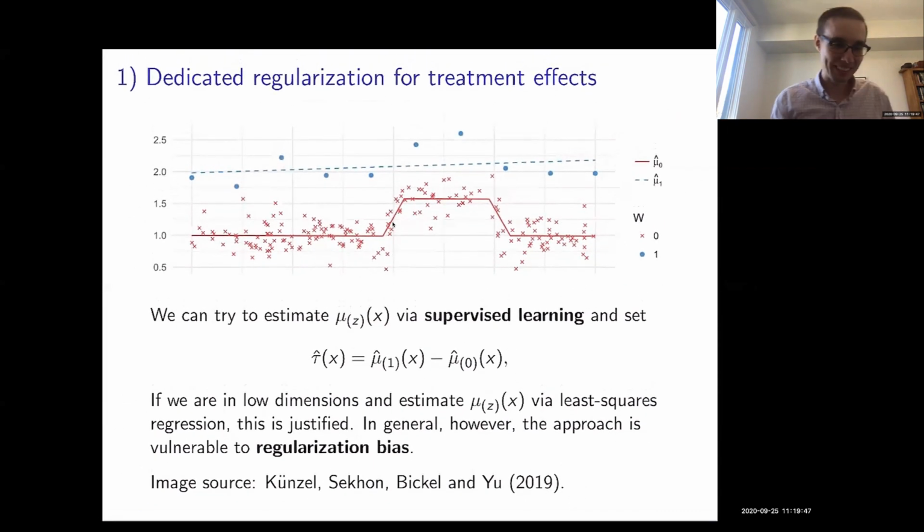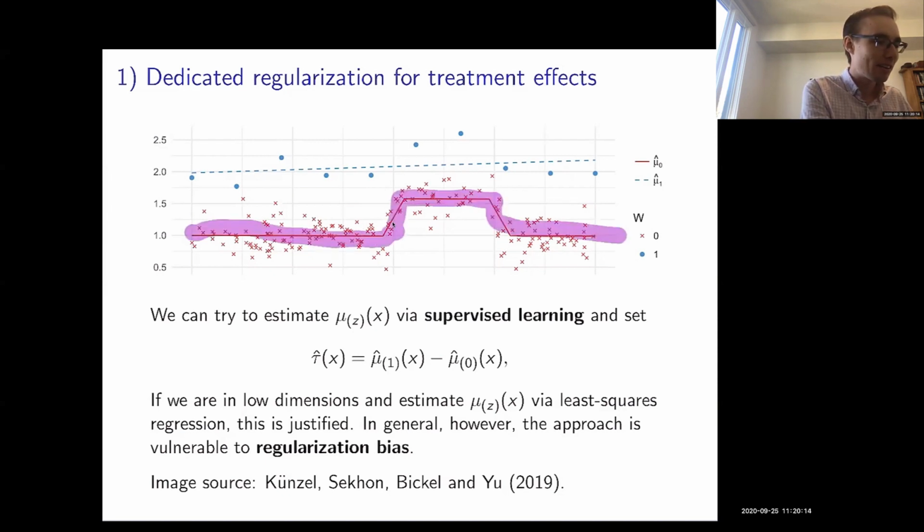Sorry, this is taken from a paper by Kunzel, Sekhon, Bickel, and Yu. They introduced the X learner in that paper. Here's an example where you have a lot more control data than treated data. Even though you're in a randomized trial, just from the fact that you have more data assigned treatment 0 than 1, you fit a very complicated function to the controls because you have a lot of data, and a very simple function to the treated because you have just a little bit of data.